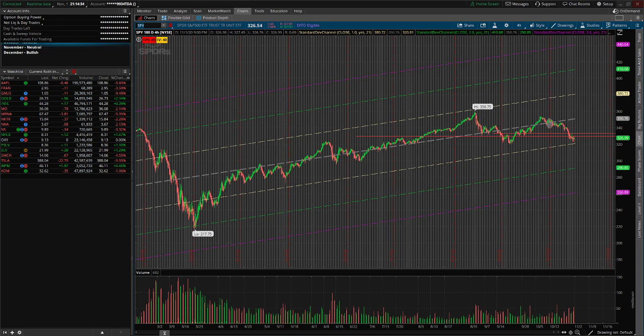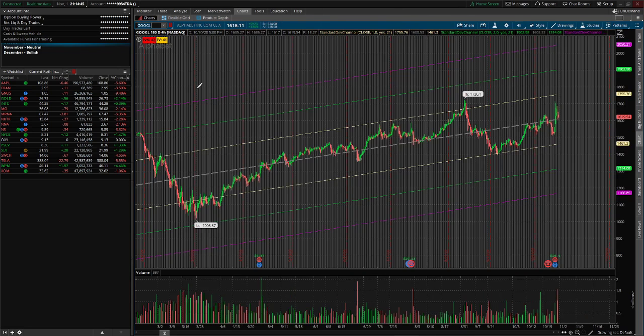I've got a question about how you think Google is going to react in tomorrow's market. Negatively, maybe. Okay, I really don't know. Like I said, there's no way to predict anything in this market.